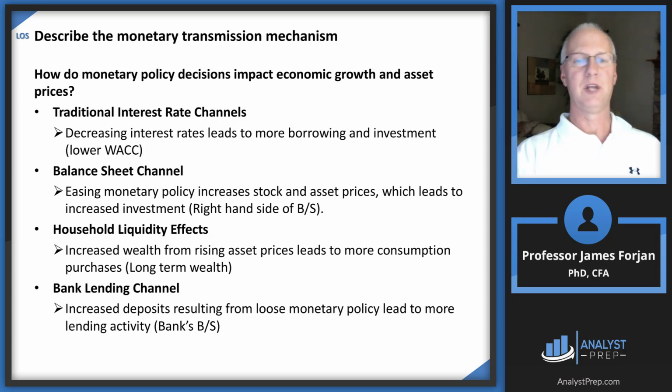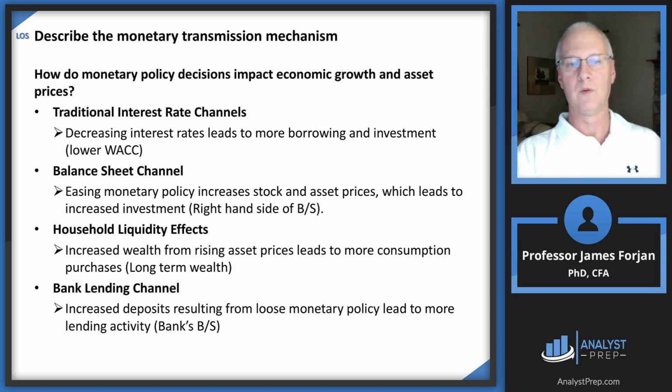The balance sheet channel. When the Fed eases monetary policy, what tends to happen is when interest rates fall, that tends, it doesn't always happen, but it tends to increase stock and other asset prices. Of course, bonds are included in that. Think back to the reading on equity securities and the dividend discount model. If required returns go down, stock prices go up.